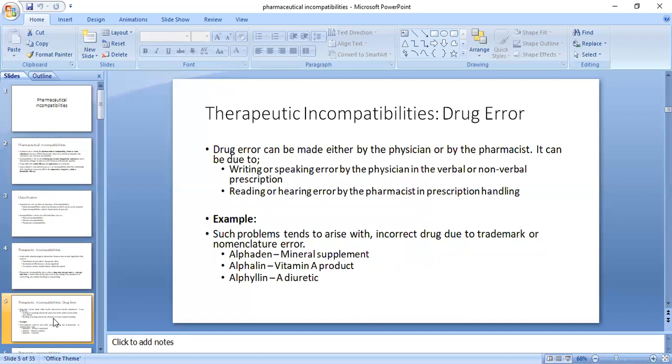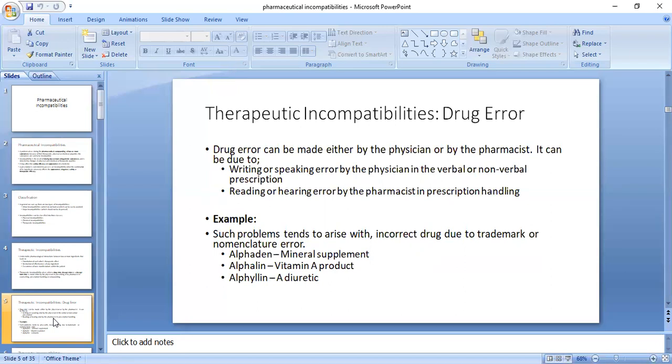So there is therapeutic incompatibility due to drug error. Drug error can be made either by the physician or by the pharmacist, or by both. It can be due to a writing or speaking error by the physician in the verbal or non-verbal prescription, or a reading or hearing error by the pharmacist in prescription handling.